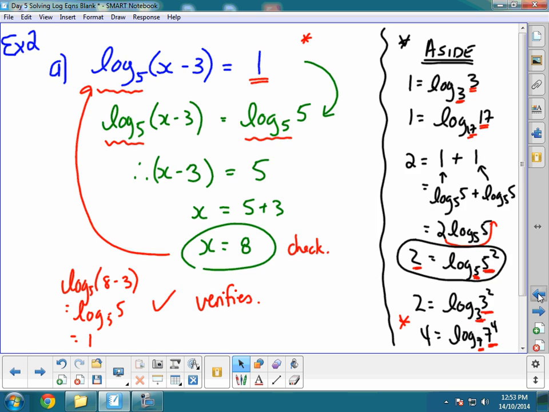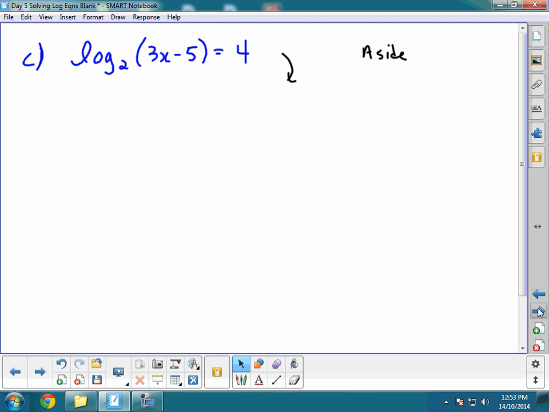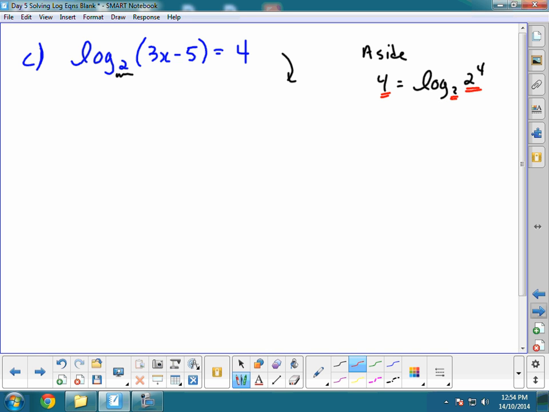So if we go back to this example that we're dealing with, this is 4, and the base that I want is 2. So this would be log 2 to the 4, base 2. Because remember, this is asking what exponent do I put on 2 to get 2 to the power of 4. That's what I want.